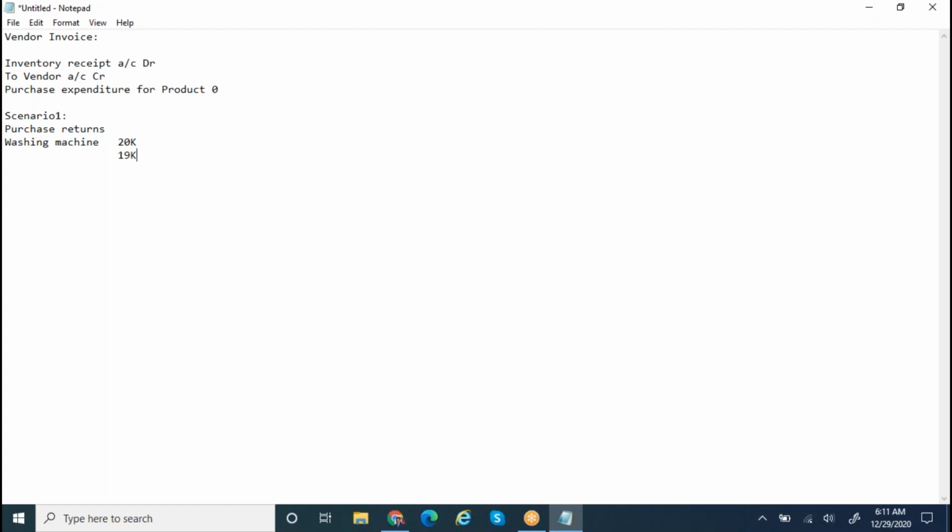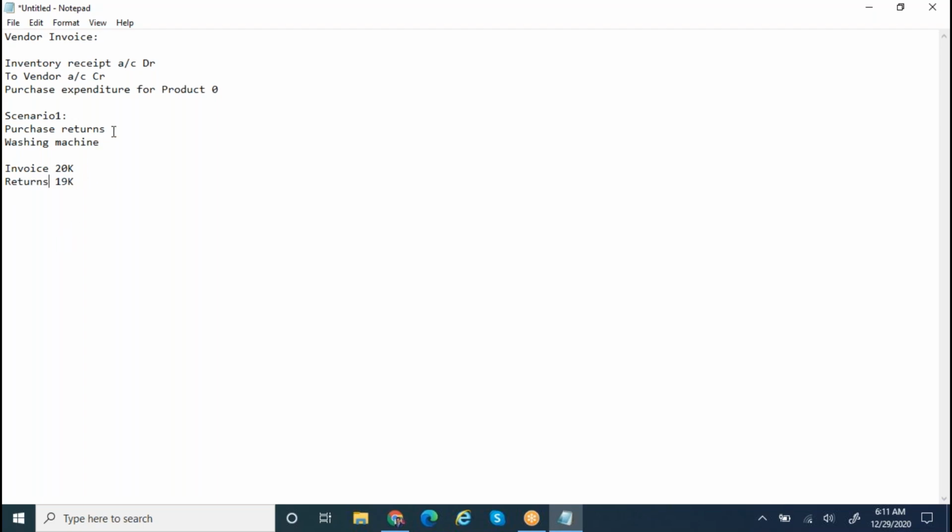One value is at the time of invoice and the other at the time of return.